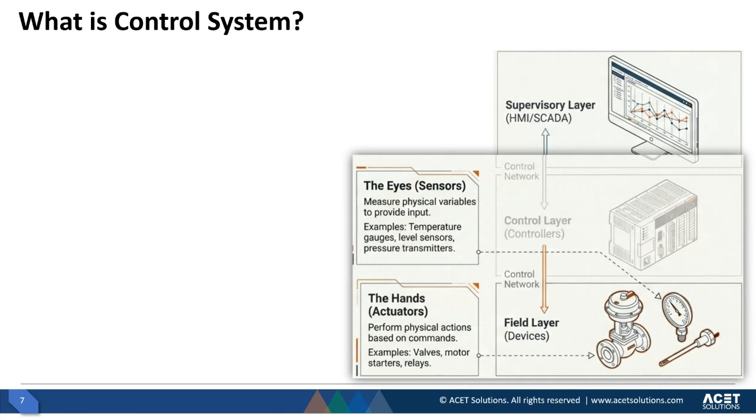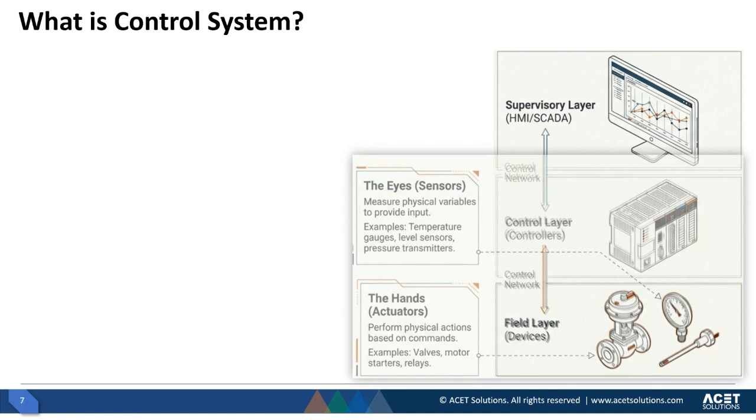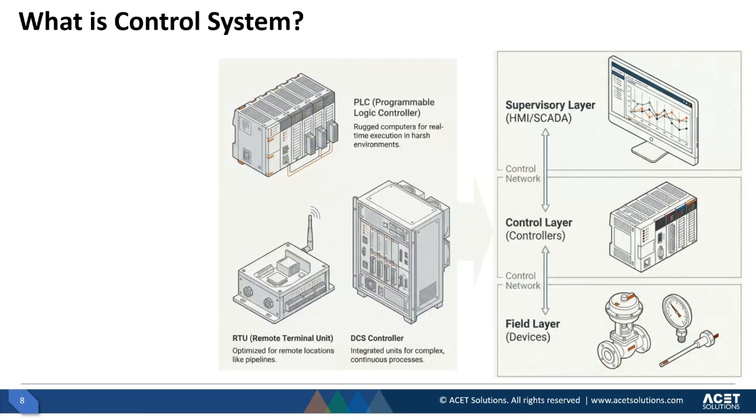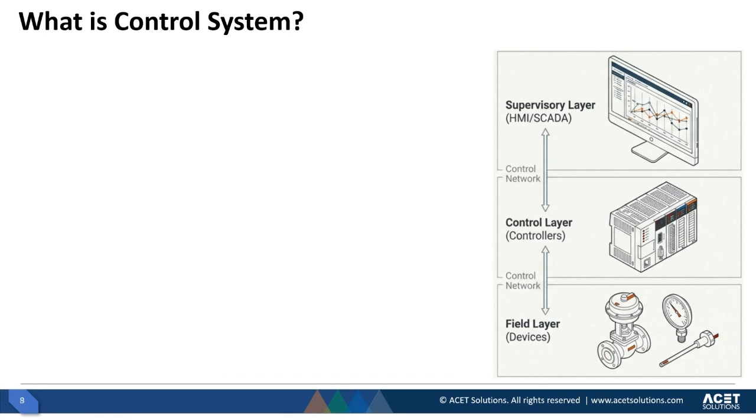It starts from the field devices, which are the actual devices operating in the plant. They are sensors and actuators, and they work as eyes at the field level. Then we have the controllers, which are the devices that control the field devices, and there could be multiple types like DCS or RTUs.